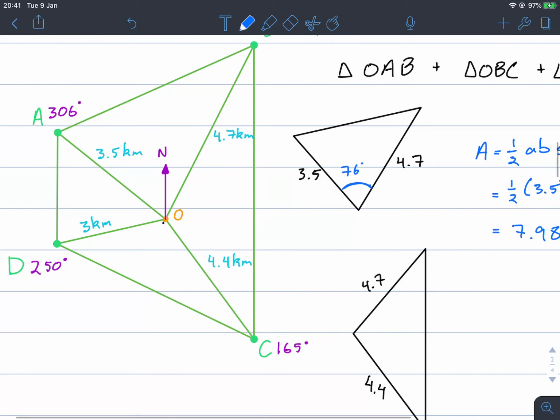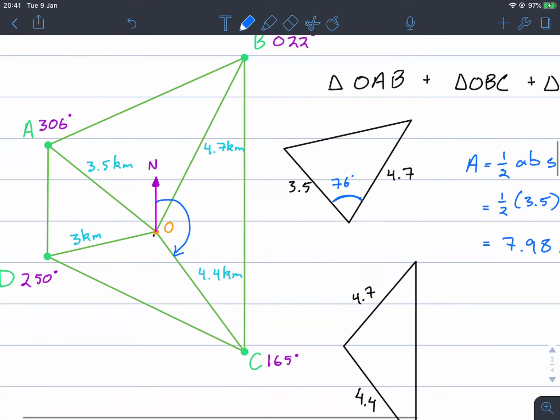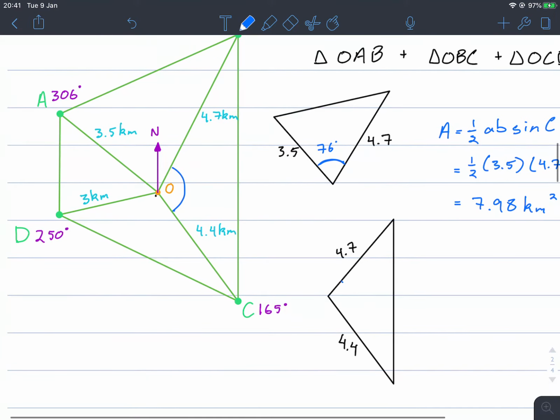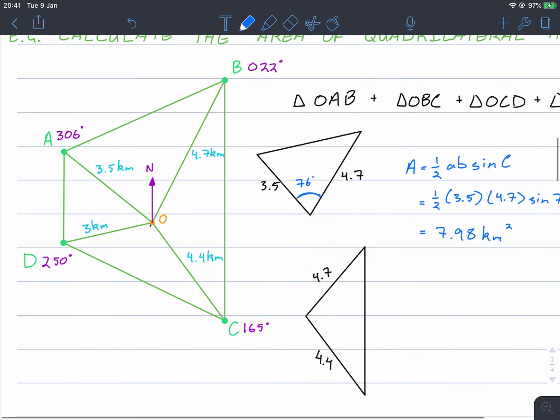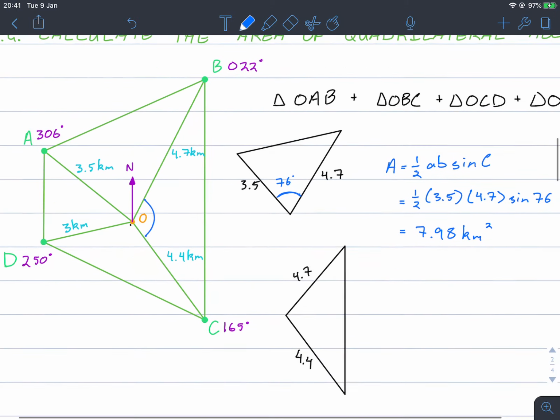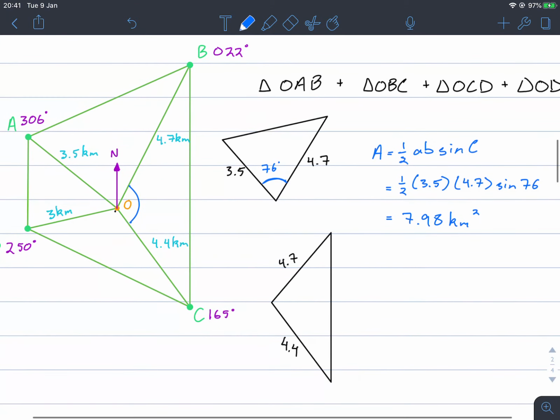The angle from north to here is 165, but the angle from there to there is 22. If we do 165 take away 22, it gives us the angle in between, which is what we want. So really, to find any angle between, we just take its end point, 165, subtracted by the previous point, 22. That will be 143.